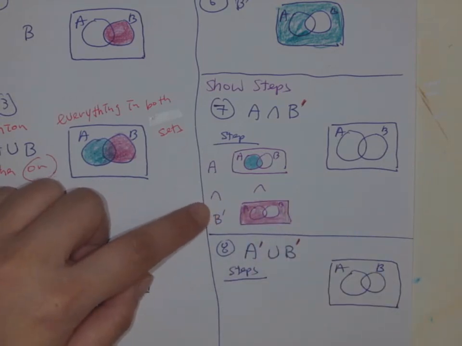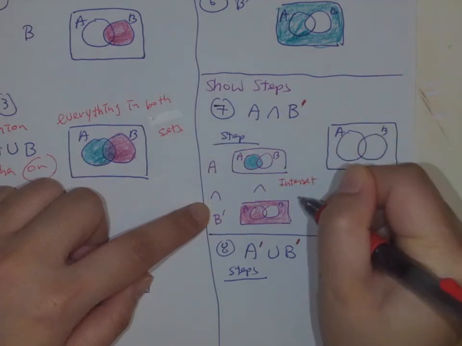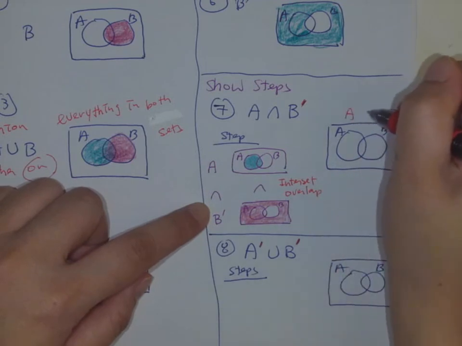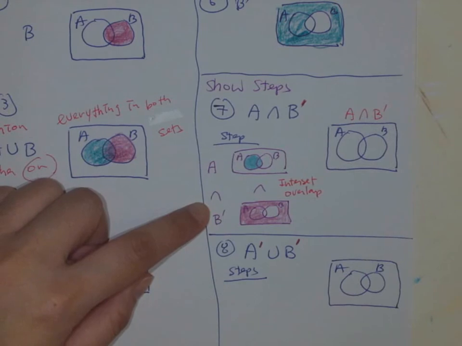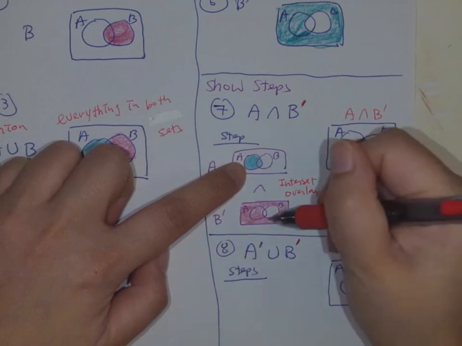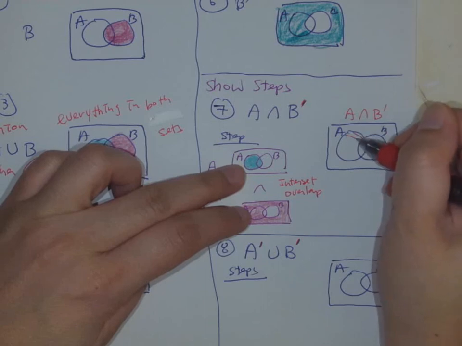I need to intersect, so the overlapping part of them. Can you figure out what that would be? Which part is overlapping? It looks like it's in the A circle, right? But not this overlapping part. This is what they have in common, like over here.